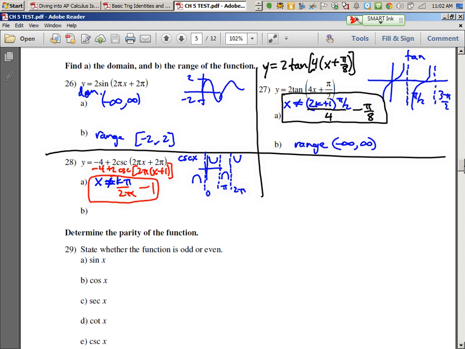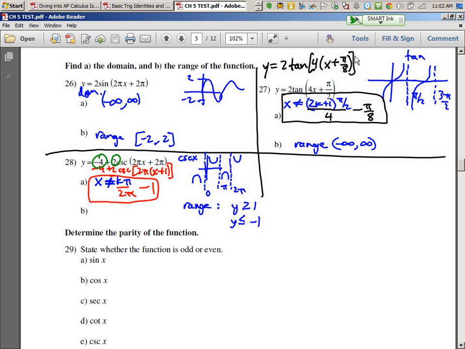Now the range on this old guy, this original parent function, is basically y is greater than 1, y is less than negative 1, right? But we have a couple of vertical changes that have occurred, okay? So this minus 4 and this plus 2 will affect that.